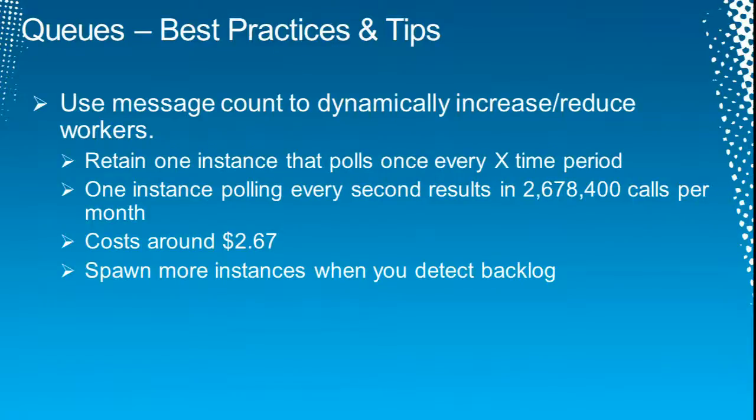If you find that there's a backlog on that approximate message count, you can use the service management APIs to spawn more worker roles, and then they can start processing. But if you use one worker role and you're polling every second, you're going to pay $2.67 per month, rather than having 30 workers, and less compute costs too. So that's a better way of designing your queue.